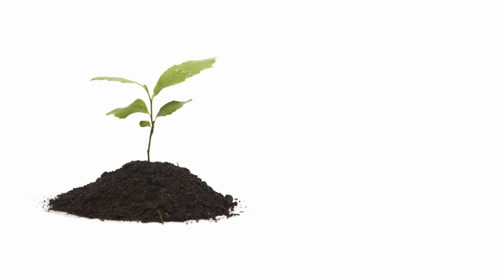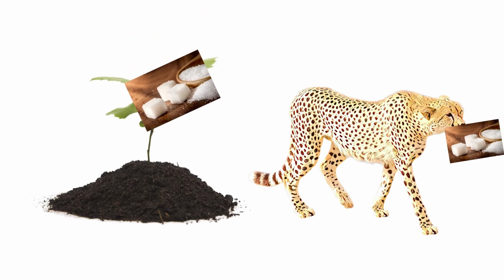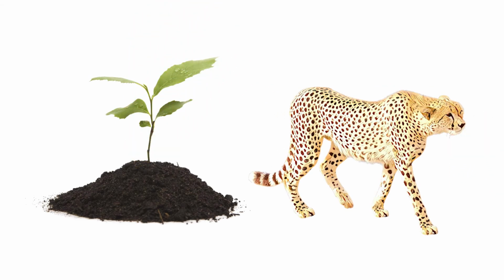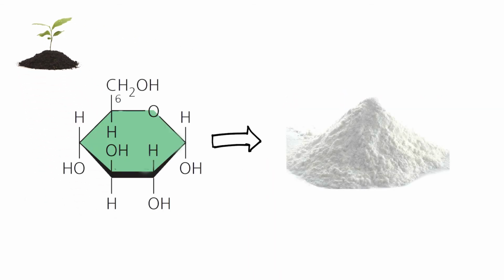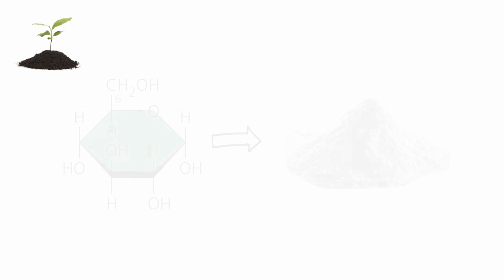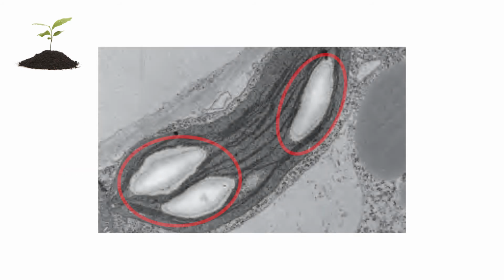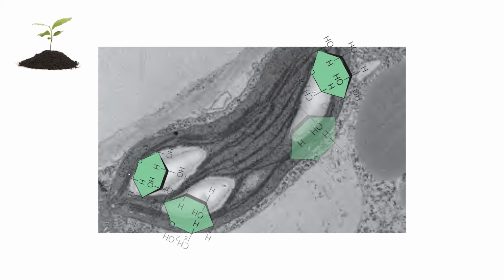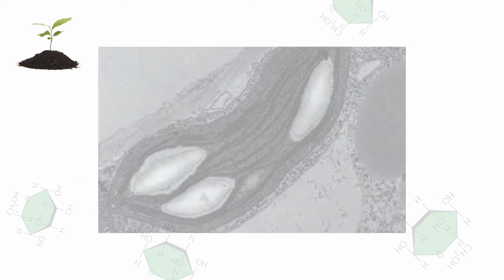Now, how is this actually relevant to living things? Both plants and animals use carbs as their primary energy source, but they differ in how they store it. Plants store their carbohydrates as starch, which is a polymer of alpha glucose, as granules within their cells. They can come back and get it later by hydrolyzing the starch, or adding water to it, which breaks the starch back down into glucose, reversing dehydration synthesis.